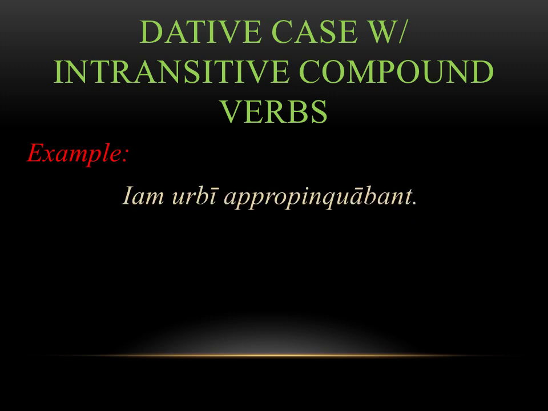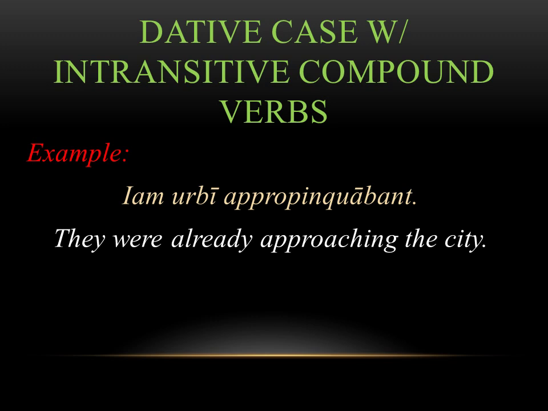Here's another example. Iam urbi appropinquabant. It means they were already approaching the city. Again, if you ask the question what are they approaching or what were they approaching? The answer is going to be urbi, the city. But again, if we pay attention to how urbi is spelled, you can see it's not in the accusative case.